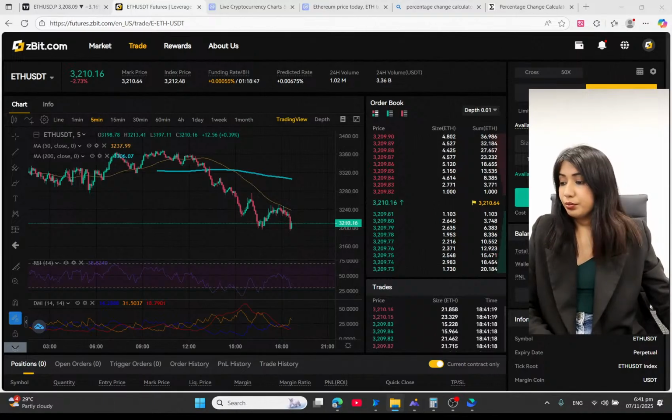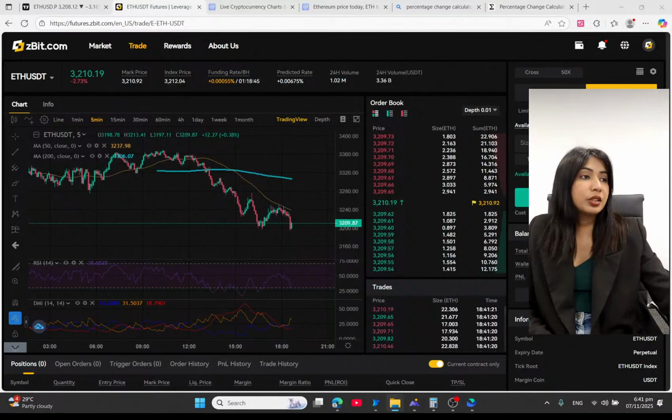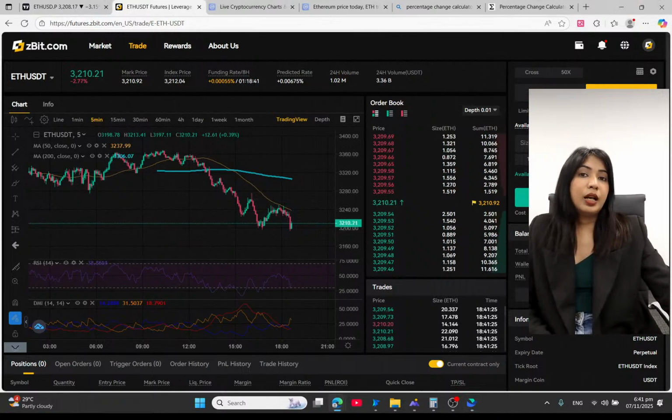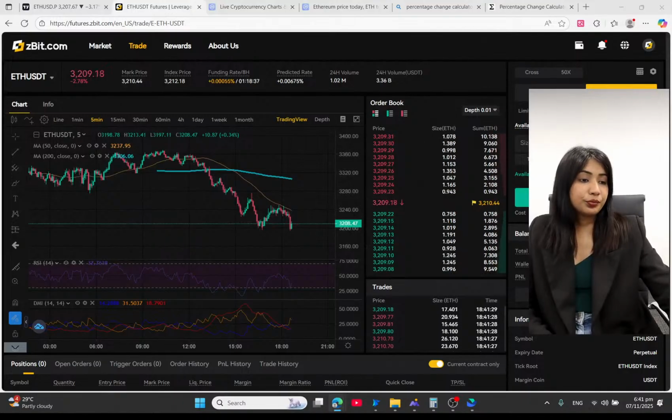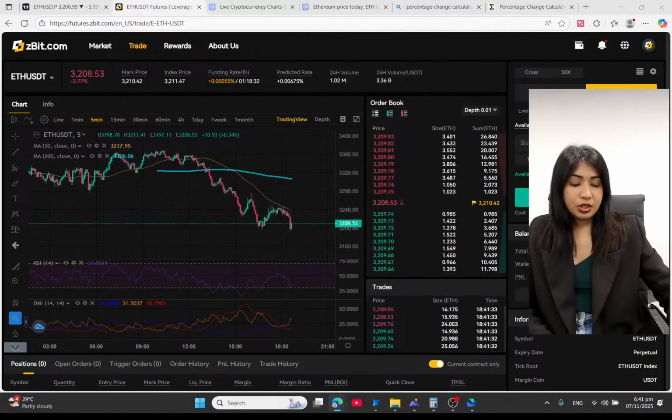So, you know, taking a buy position in this current scenario can still be a riskier thing. I don't recommend or suggest any buy positions currently.